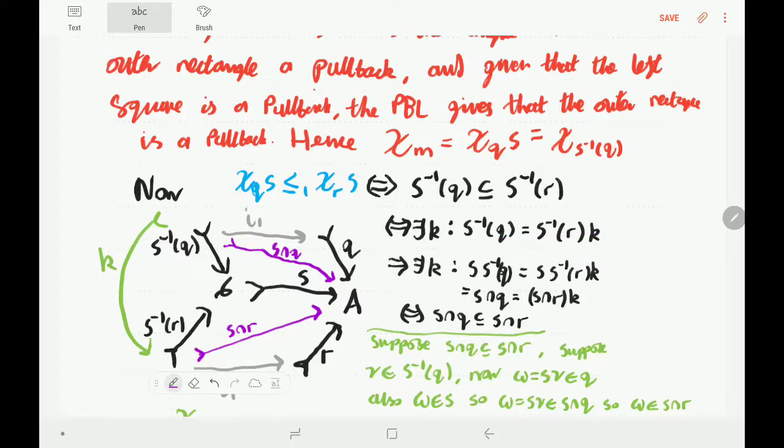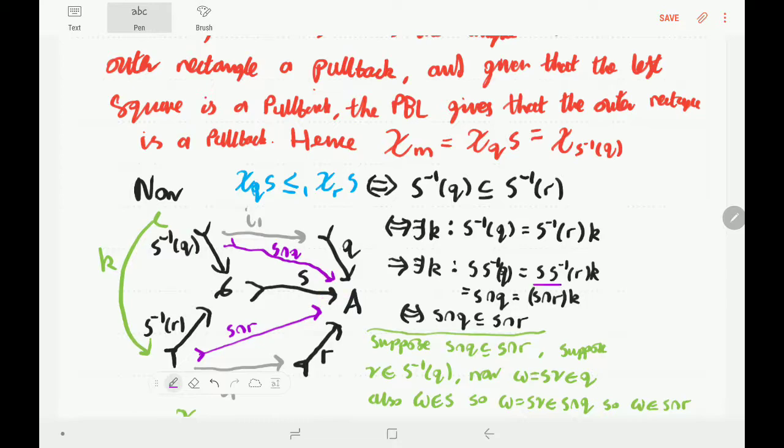And now that means there exists a k such that s after s to the minus 1 of q is s after s to the minus 1 of r, but s to the minus 1 of q is just s intersection q by definition of what intersection is.